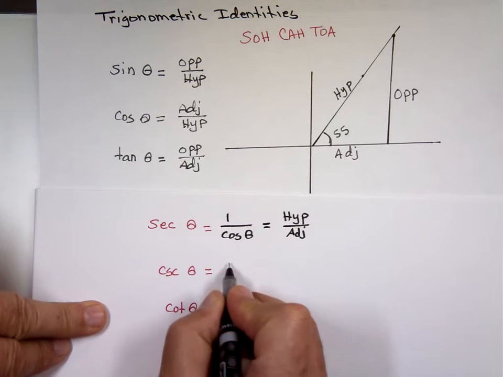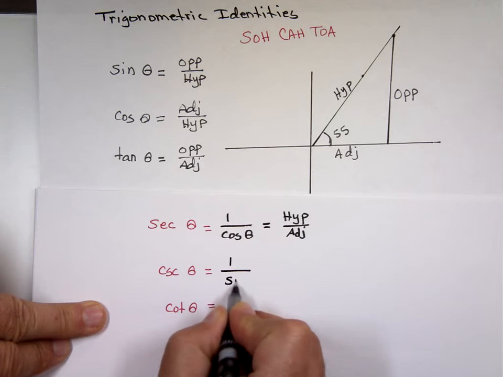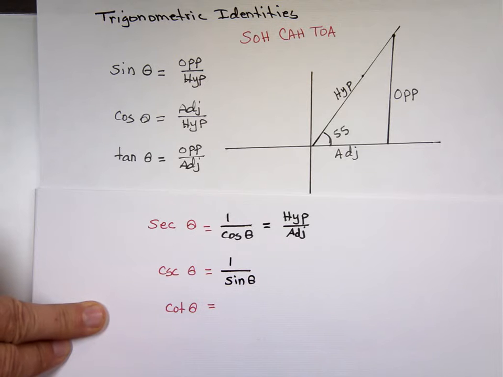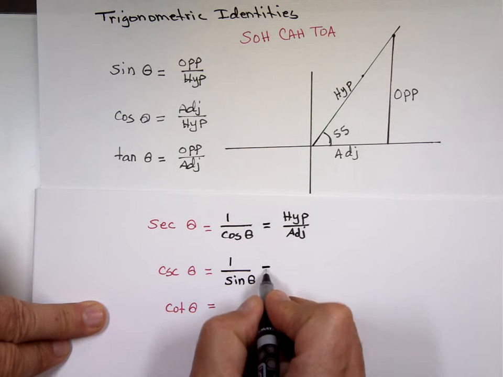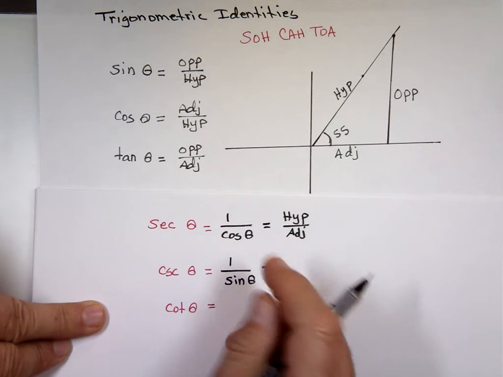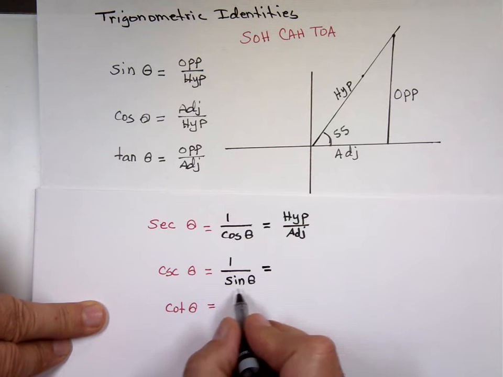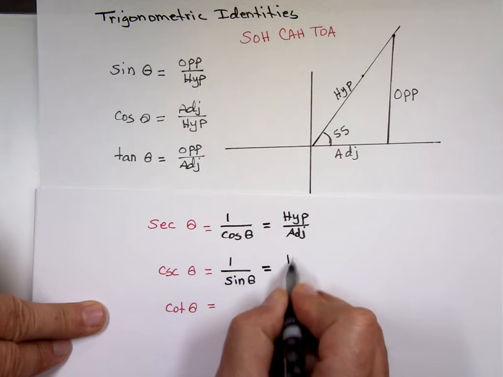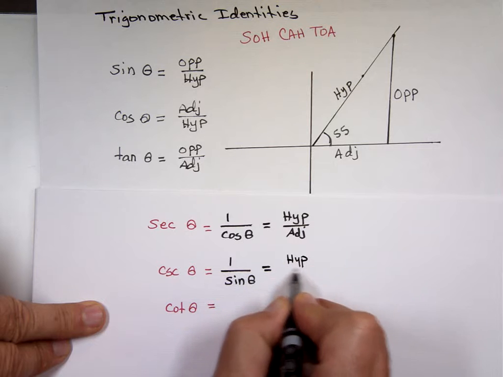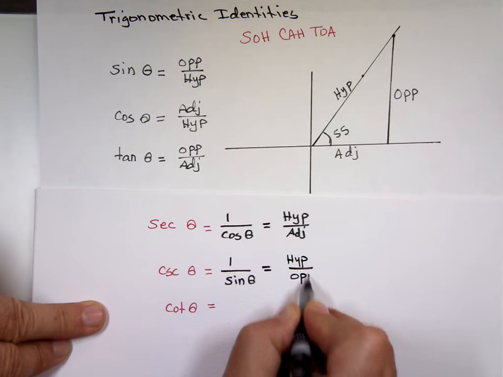Cosecant is what? 1 over sine theta. So the sine theta is opposite over hypotenuse. That means the cosecant is hypotenuse over opposite. Notice when you look at the triangle, what is the longest side here?